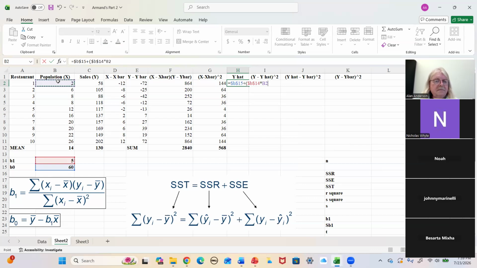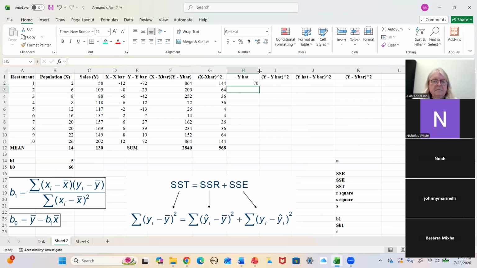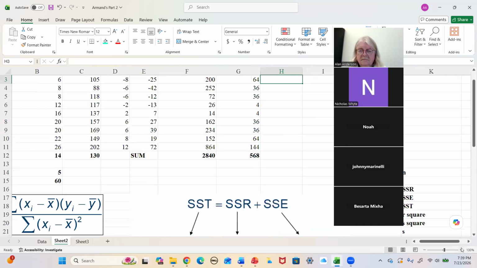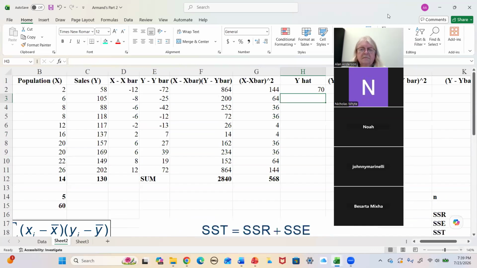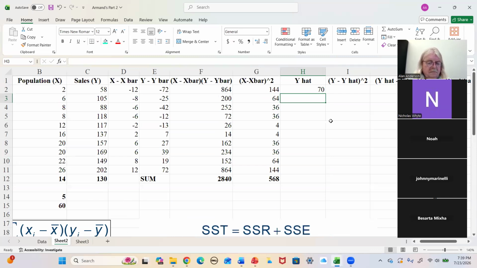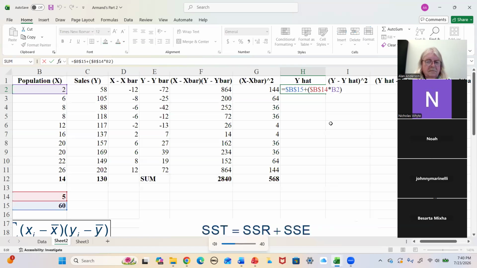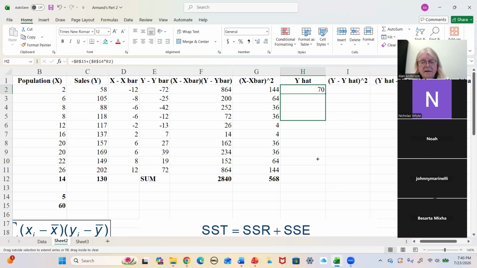Times X. All right, let me make that a little bigger here. That's the value predicted by the regression line for any given value of X. Drag it down.